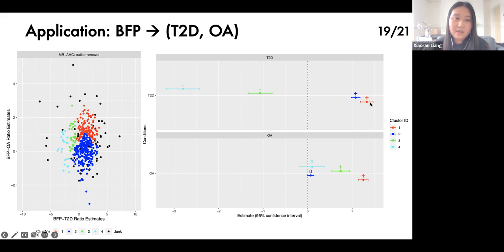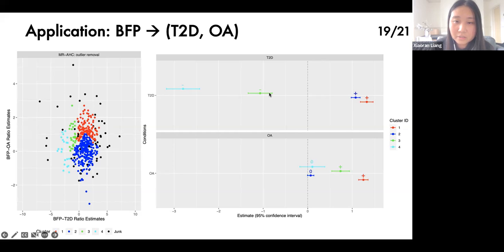We can see that cluster 1 is indicating a positive causal effect for both conditions, which means it indicates increasing risk for both conditions for SNPs in cluster 1. And for SNPs in cluster 2, marked in blue, indicating increasing risk for type 2 diabetes, but no effect for osteoarthritis.